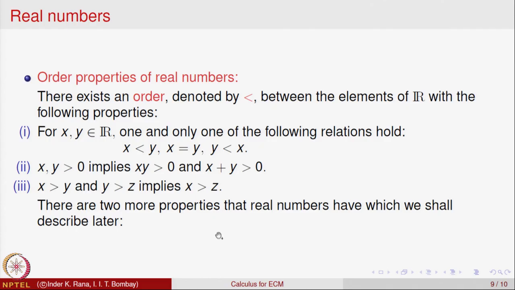There are two more properties of the real numbers which we shall describe later, but before I do that, let me mention that what we have done is formalize the properties of numbers that we have been using since school, in terms of set theory and binary operations. There are two binary operations, addition and multiplication, and there is an order with certain properties. What are the two extra properties special to it?